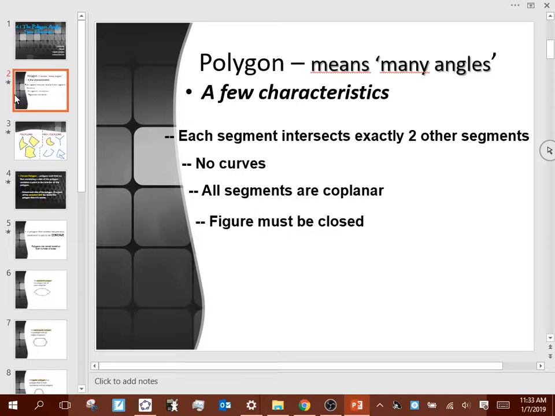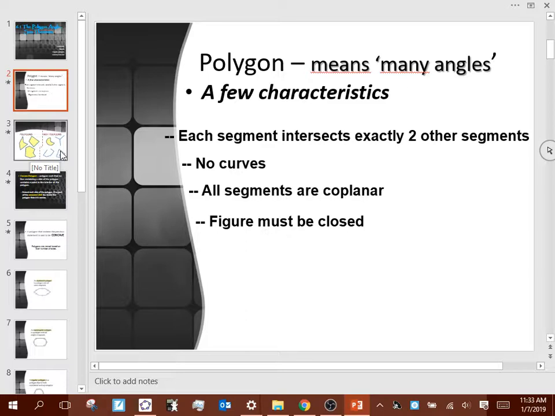And the last one says the figure must be closed, which ties into that first statement. To be closed, every single segment needs to intersect two other segments. Otherwise, you have a gap, an opening, which would not meet the requirements of being a polygon.